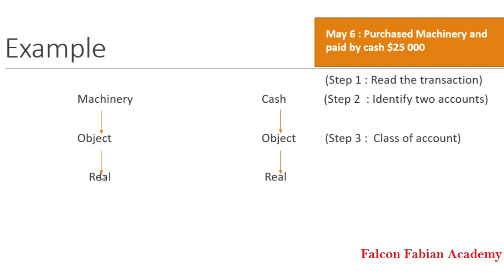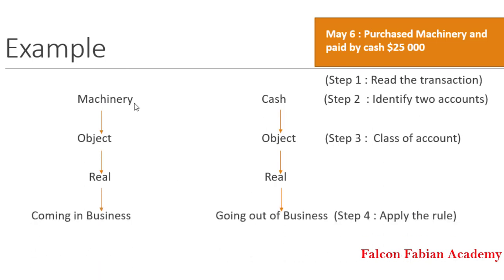So both would come under real account, and the rule for real account needs to be applied to them. Now the next thing is, machinery is coming in the business and cash is going out of the business. The business is buying machinery, and it is paying by cash.